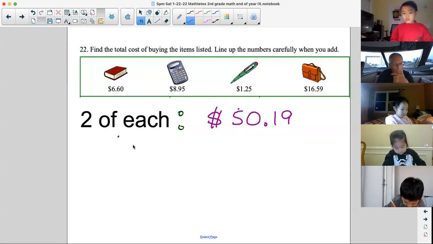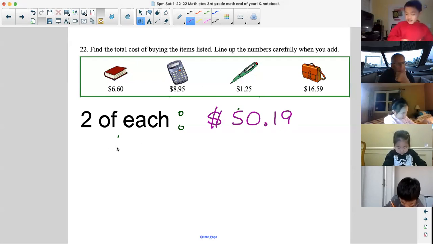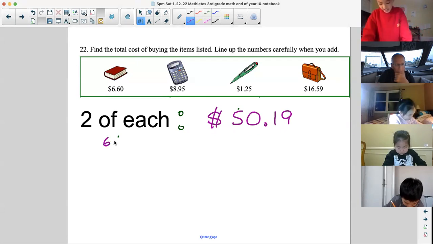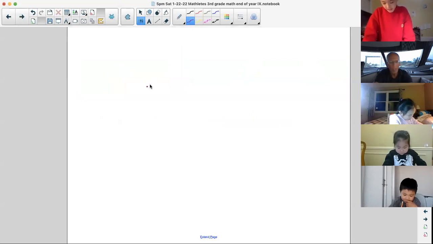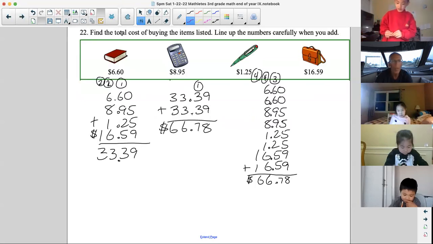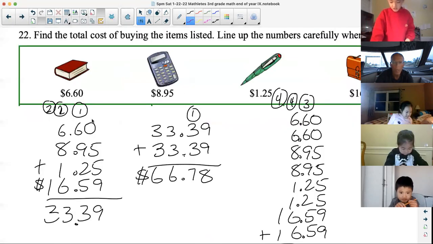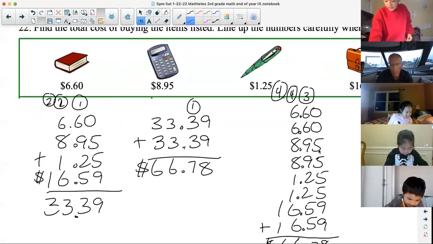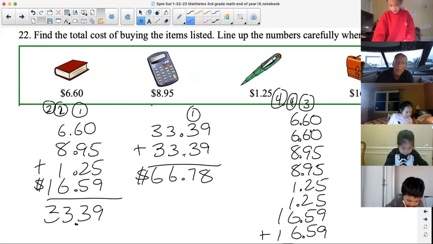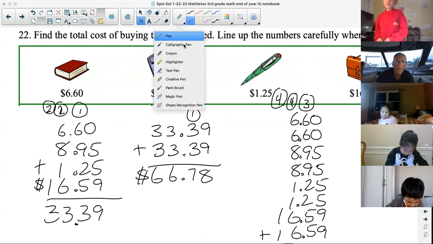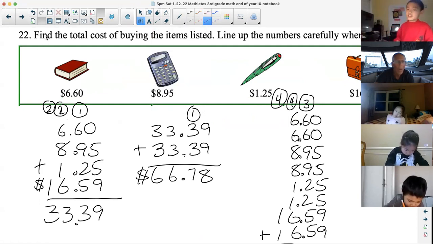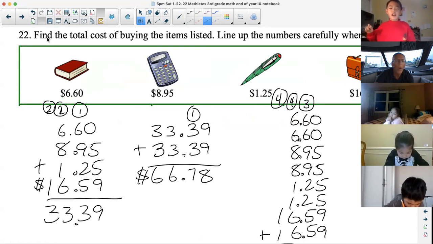And how did you do it, Jason? I wrote two 6.60s on the very top, then two 8.95s, two 1.25s, and actually I forgot to write the last bag.